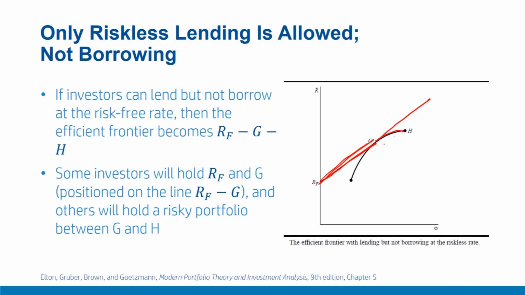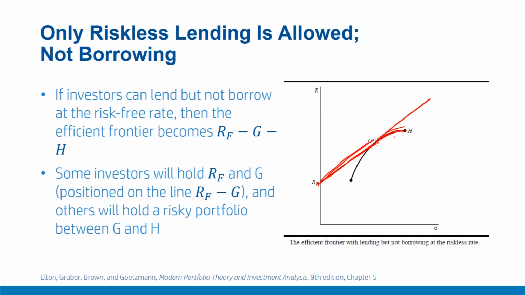The investment profile of risk-averse investors who are placing some amount in the risk-free instrument and some in G, the lending segment, will not change. Only the risk-taking investors will not be able to borrow at RF. They will invest in portfolios on the segment GH. The portfolios on this GH segment are relatively riskier than portfolios on RFG, but these portfolios also offer the higher returns possible at any given risk.